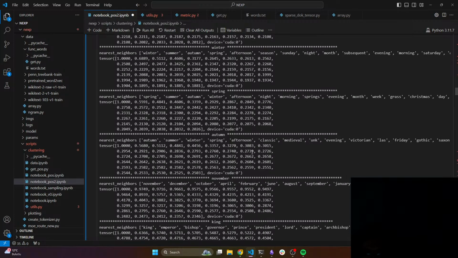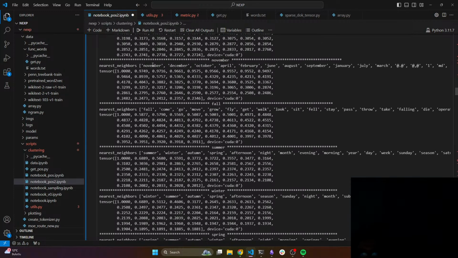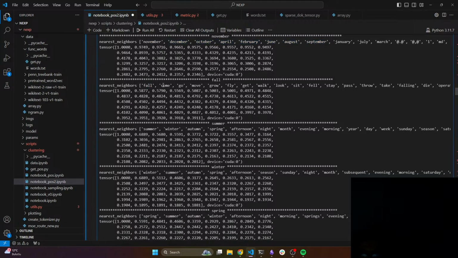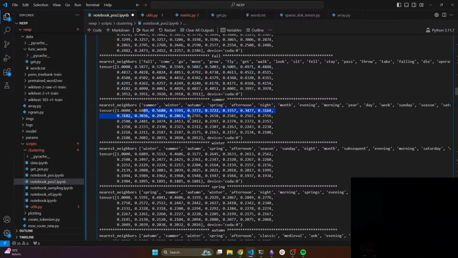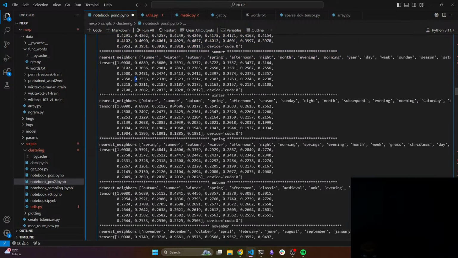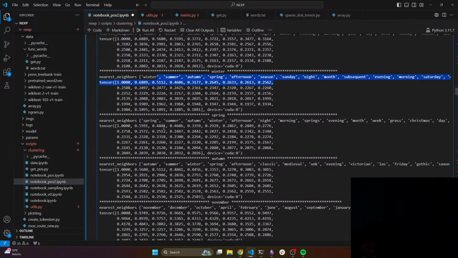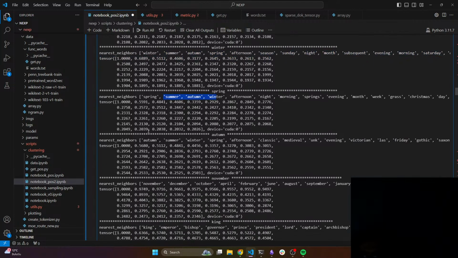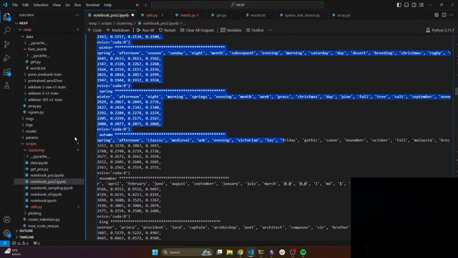If I look at the prints, let's see. It has high similarity with these words, right? No. Fall, come, go, move, grow, fly, get, walk, look, sit, fell, stay. Summer, winter, autumn, spring. There are fall in there. There has to be fall right here. Winter, summer, autumn, spring, rain. Whatever.